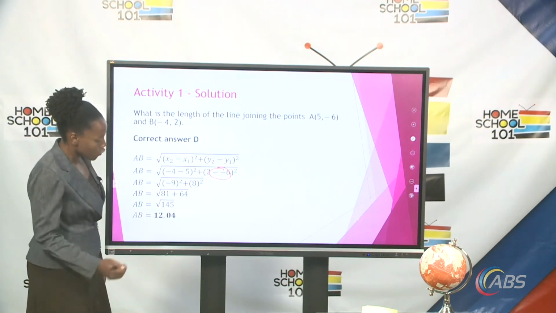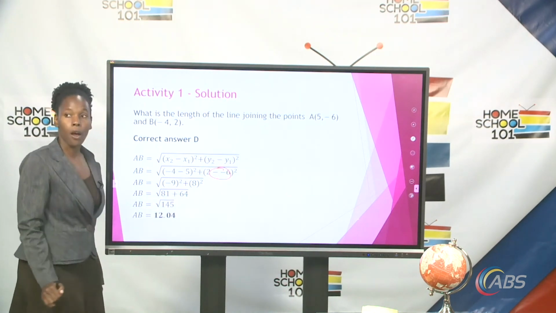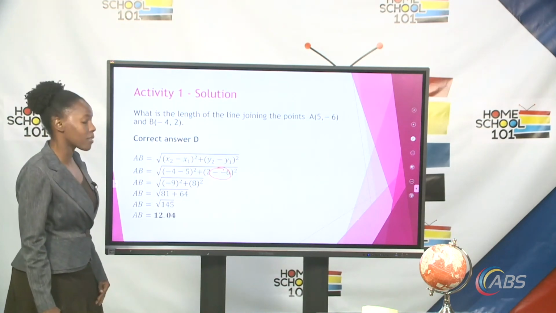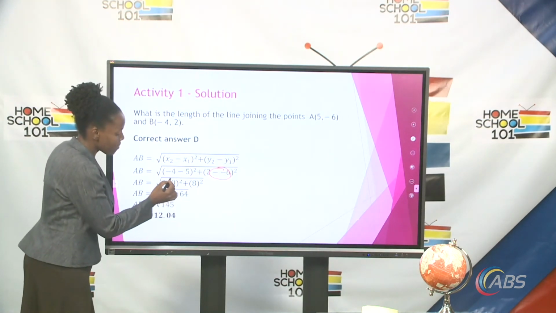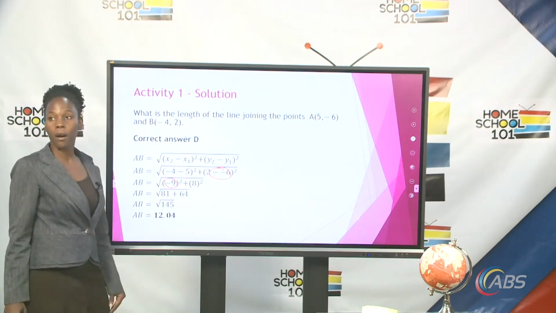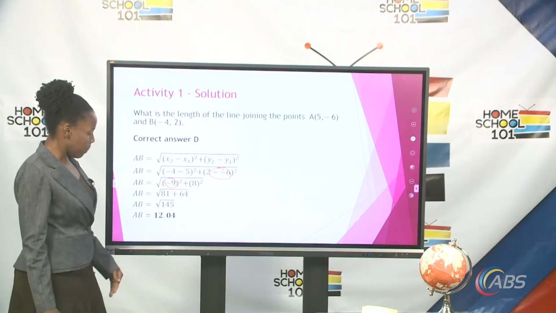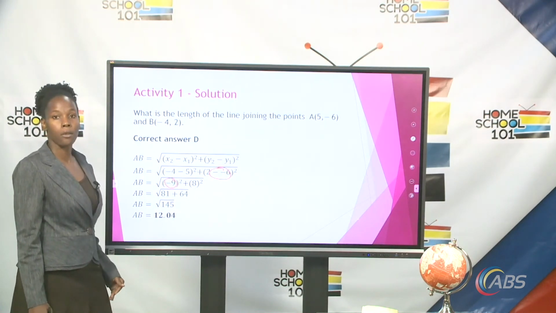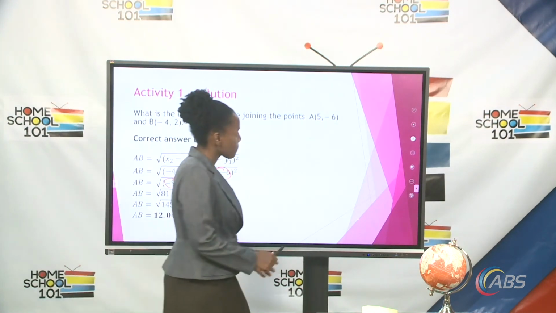Also, we have a negative 9. Once we square a negative number, it gives us a positive result. Hence, negative 9 squared gives us 81. So simplifying, we end up with a value of 12.04, correct to 2 decimal places.